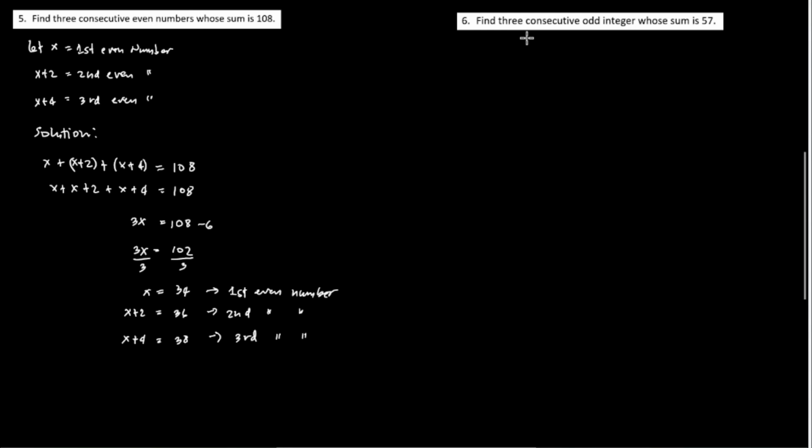Number 6. Find 3 consecutive odd integers whose sum is 57. Let x be the first odd number. Next, x plus 2 is the second odd number. X plus 4 is the third odd number.